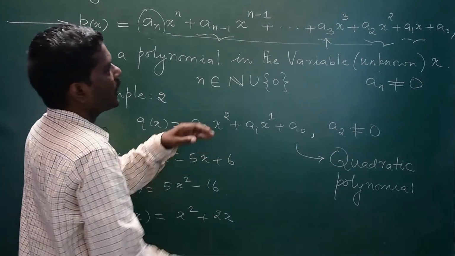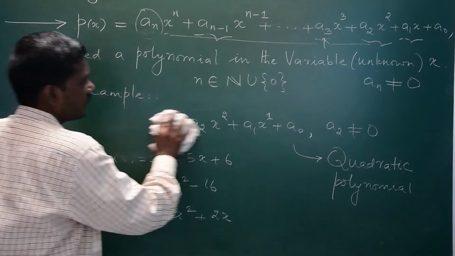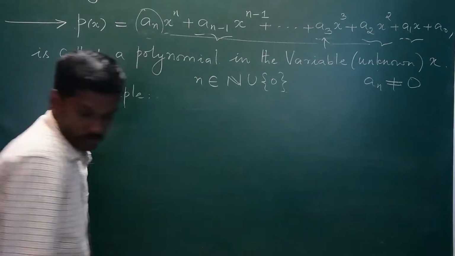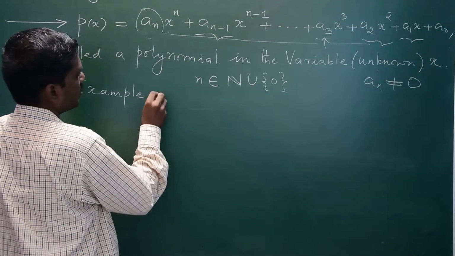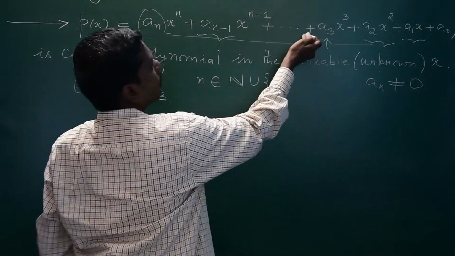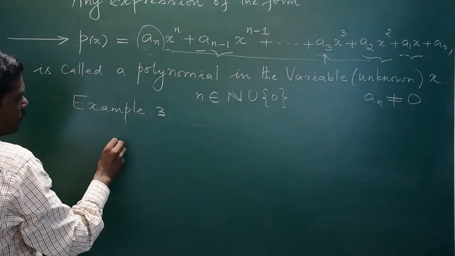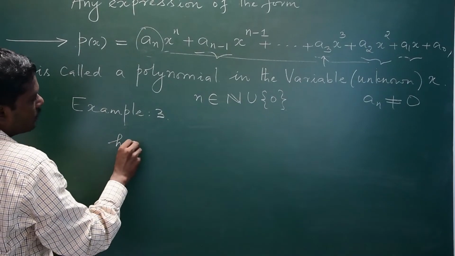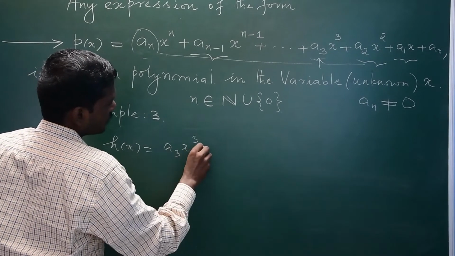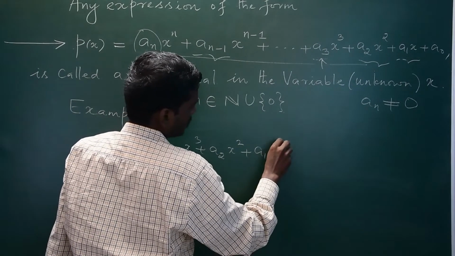Now we are going to give an example of a cubic polynomial. So what is a cubic polynomial? Example 3. Up to before a3 you take all the coefficients to be 0 and a3 is not equal to 0. Let us take h of x to be a polynomial, which is a3 x cubed plus a2 x square plus a1 x power 1 plus a0.